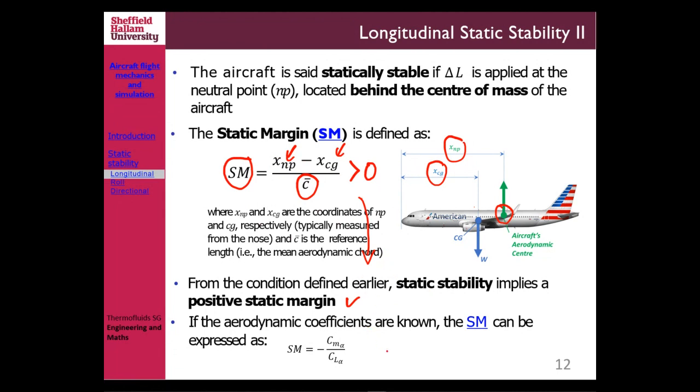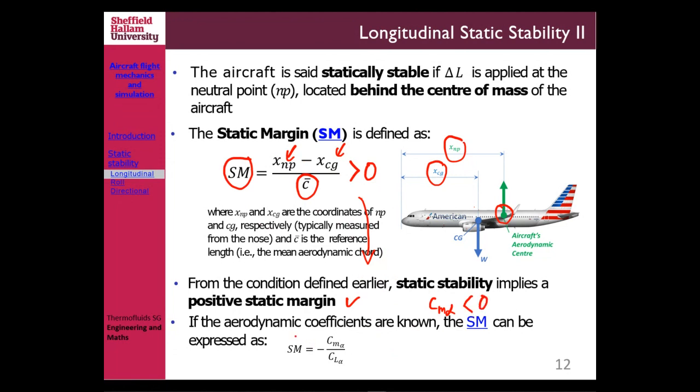So if you have aerodynamic coefficients already derived for your aircraft, and you know what Cm alpha is, right? Now, from the previous slide, we know that in order for your aircraft to be longitudinally statically stable, Cm alpha should be negative, right?